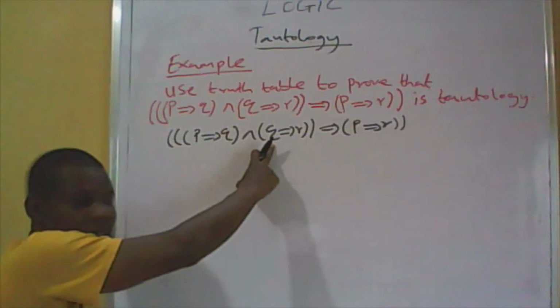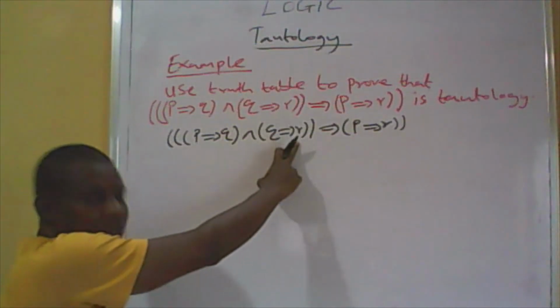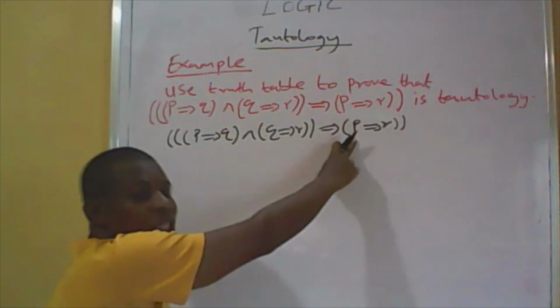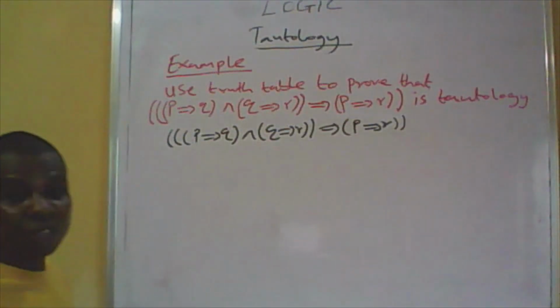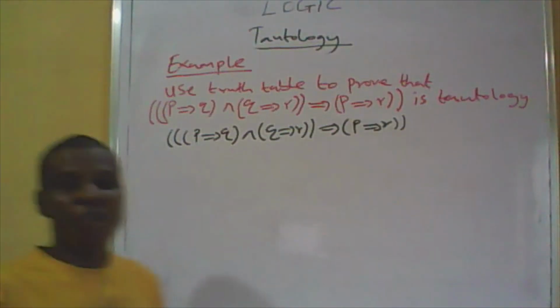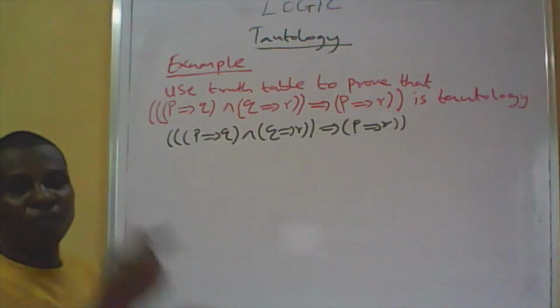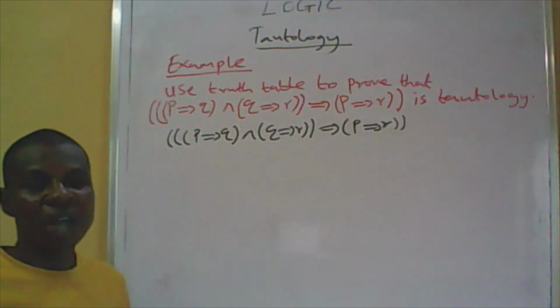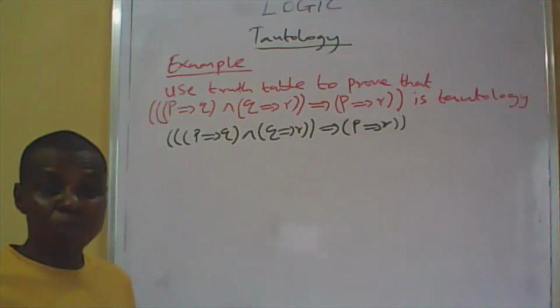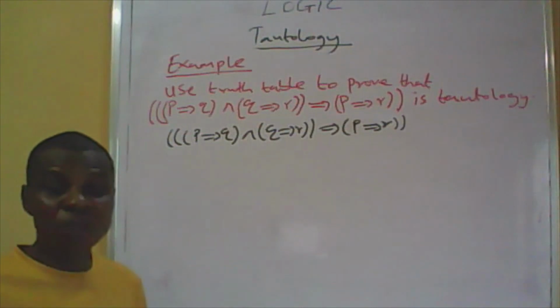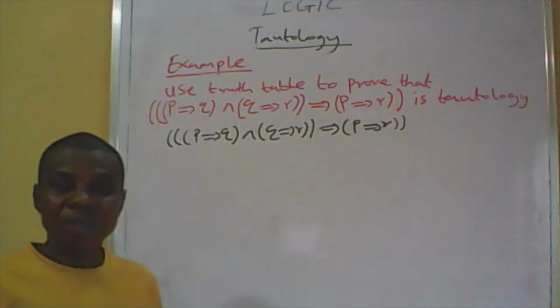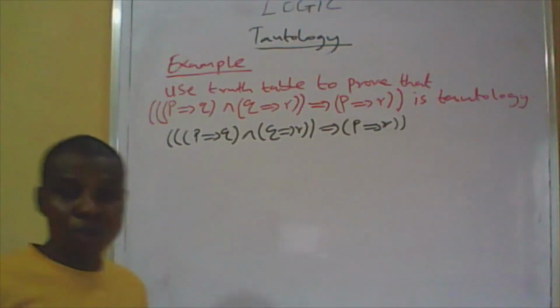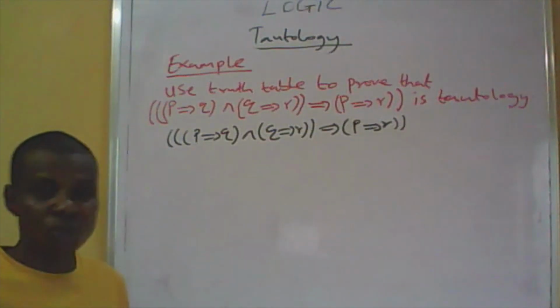Q is still two, R is 3. P is still 1, R is still 3. That means we have 3 simple statements involved in this statement form. That means we are going to have 8 possible ways we can combine the truth values of the simple statements. And we know the idea to get our possible combinations of truth values.